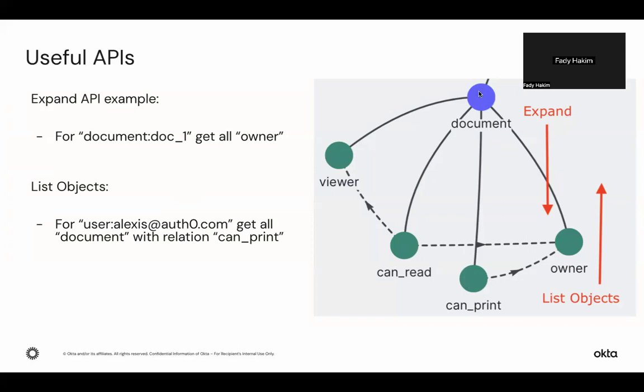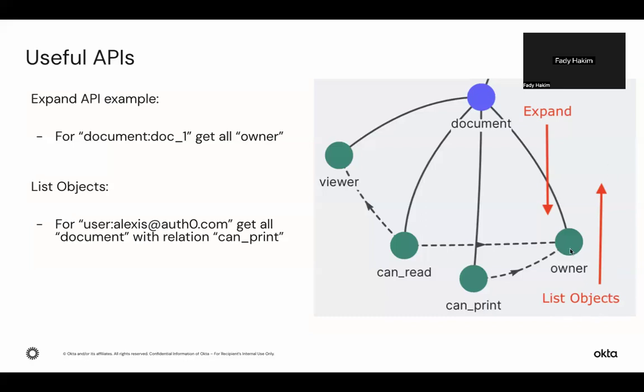I want to expand all the users that are owners to this document. All right, so this is called expand. So for a specific object, as a document or as a printer, I want to get all the owners or the users or the admins of a specific printer. So that's called expand.